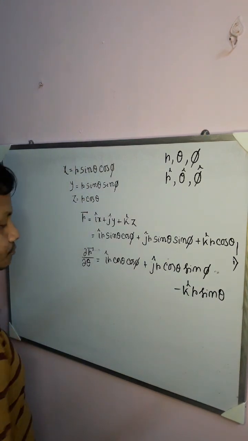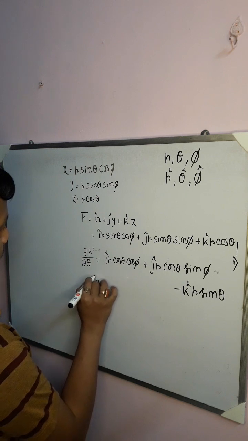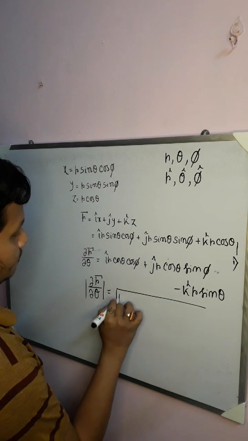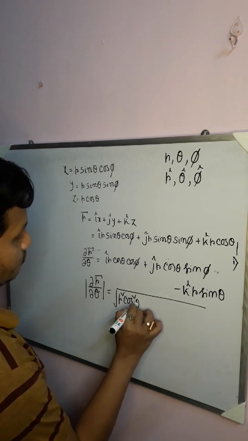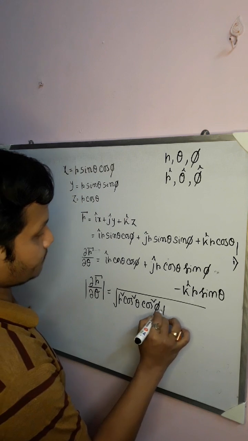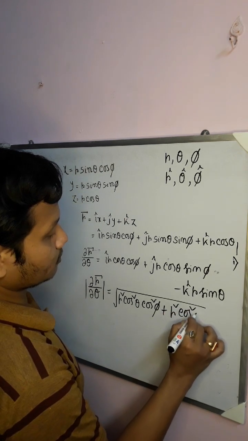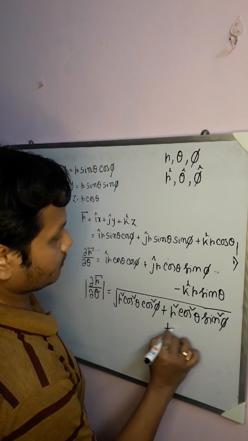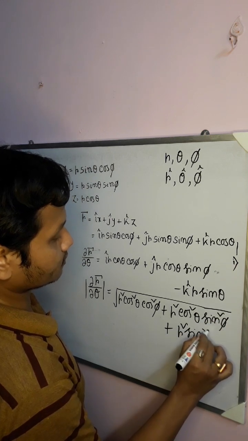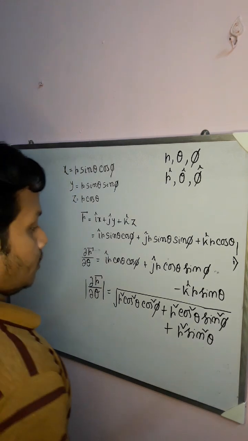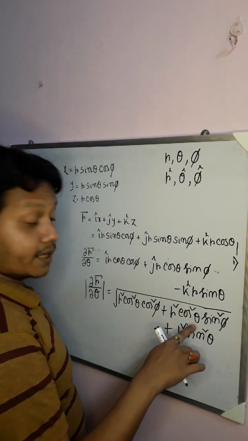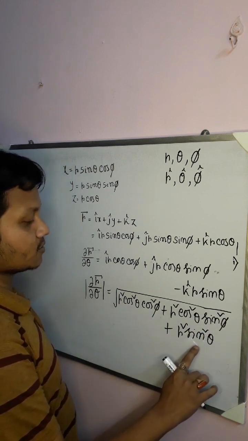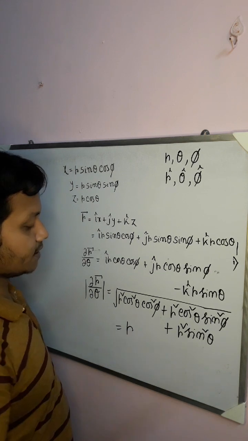Then mod del r by del theta, what is this? This is r square cos square theta cos square phi, plus r square cos square theta sin square phi, plus r square sin square theta. If we take r square cos square theta common, this will be cos square phi plus sin square phi, which is 1. So r square cos square theta plus r square sin square theta is r square, which means the entire result is r.